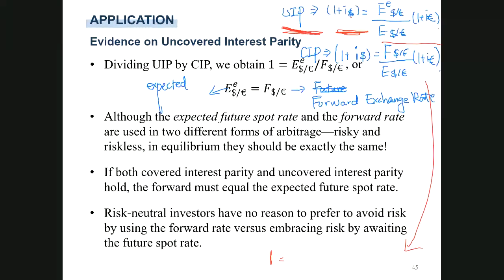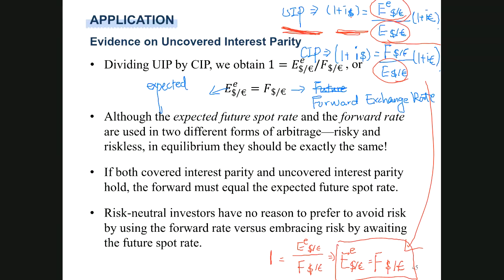On the right-hand side, this is the same thing, so they cancel out. The numerator stays the numerator, and the denominator becomes the denominator. If you manipulate and organize a little bit, you get this condition.